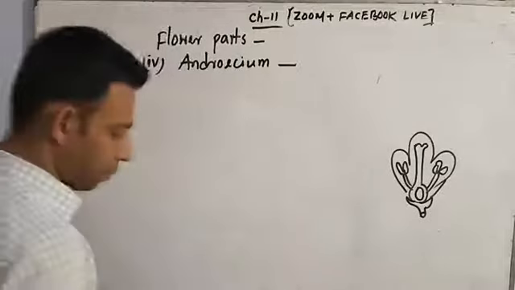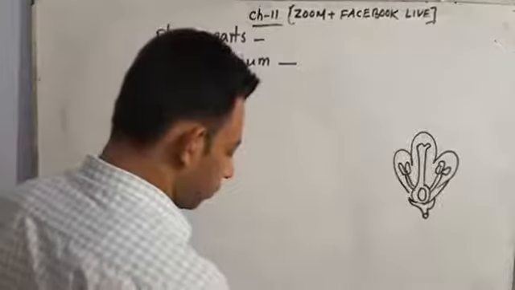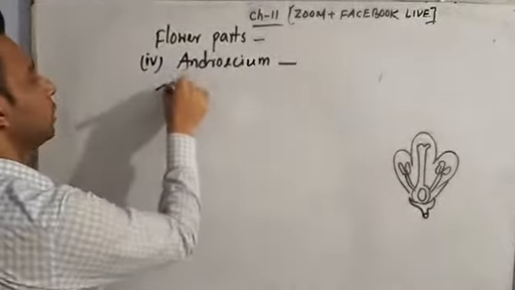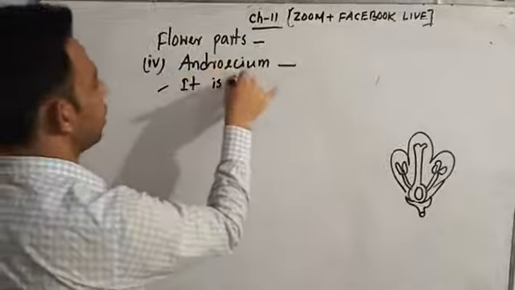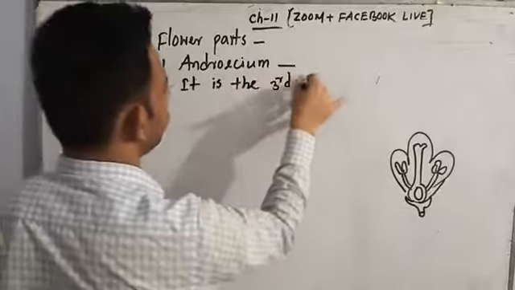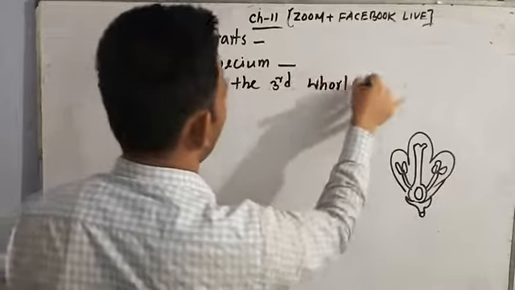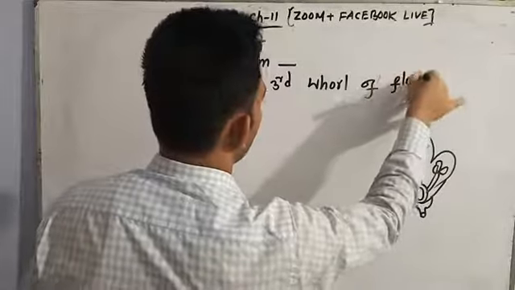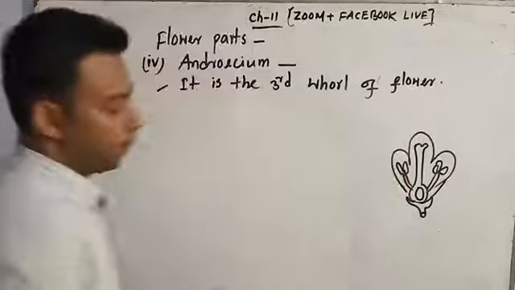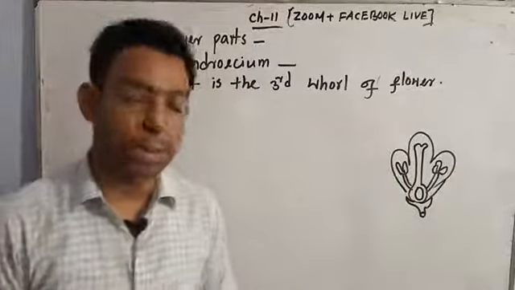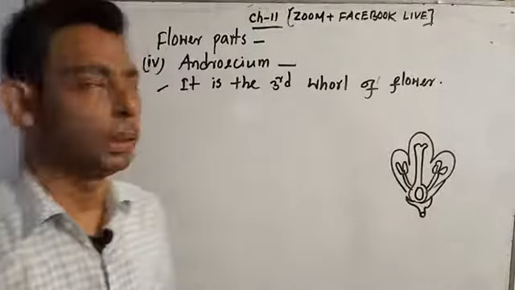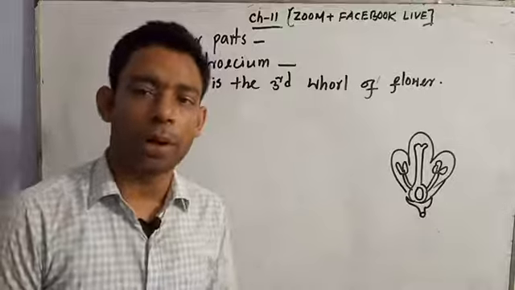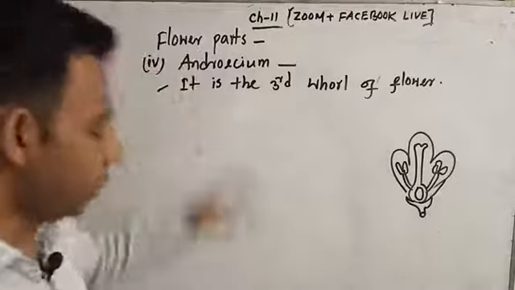It is the third role of the flower. I told you, except the thalamus or receptacle, the other four parts of a complete flower are turned as the role, and androecium is one of them.